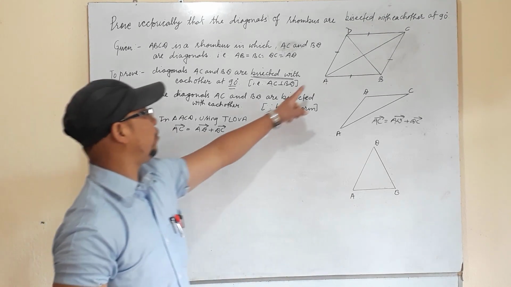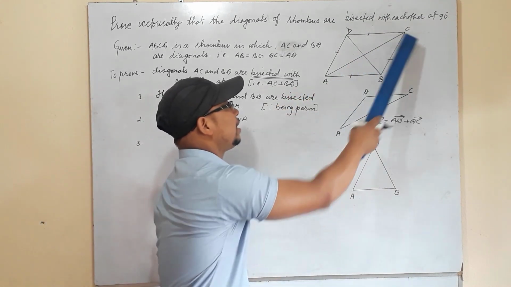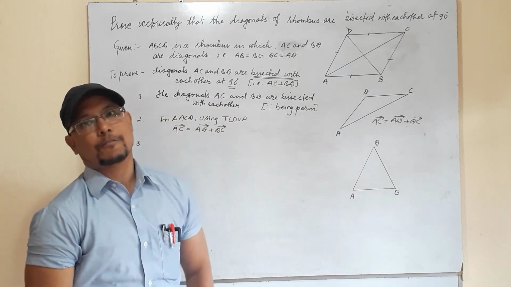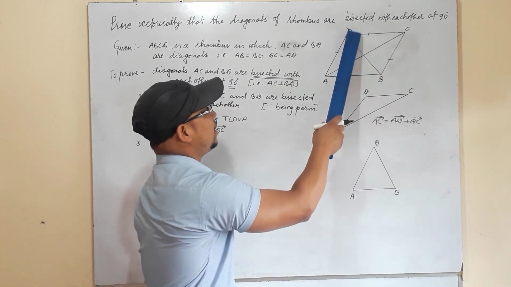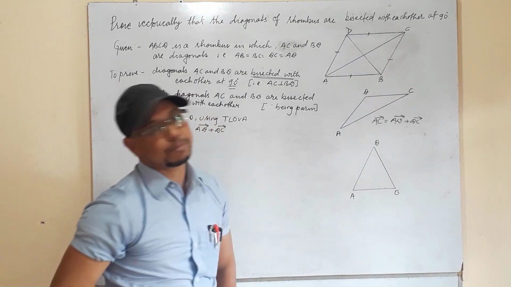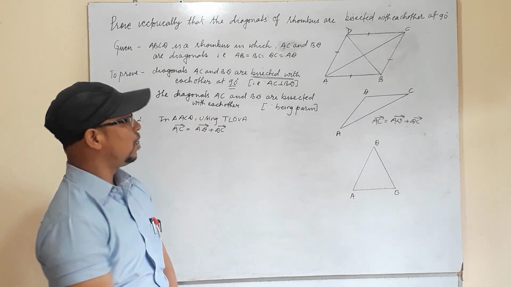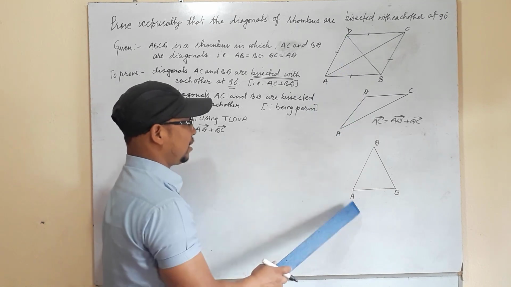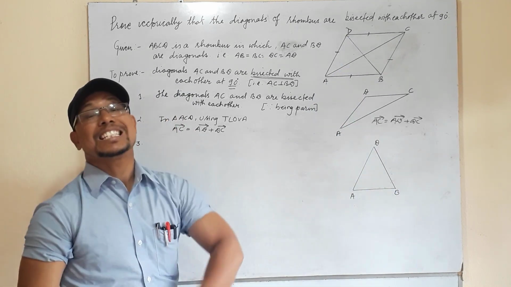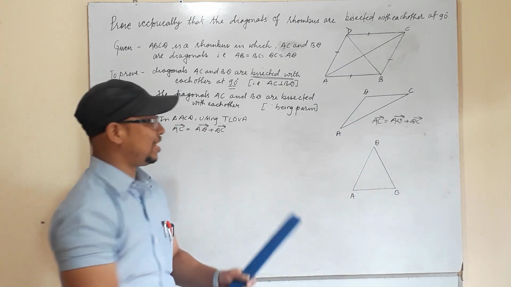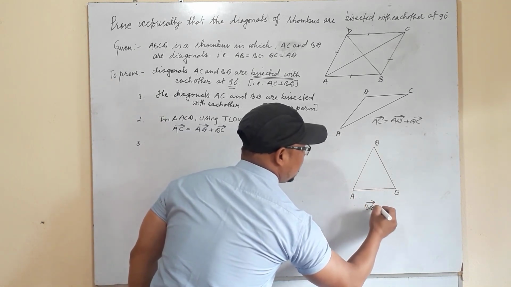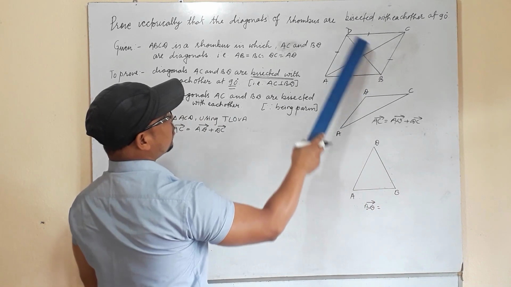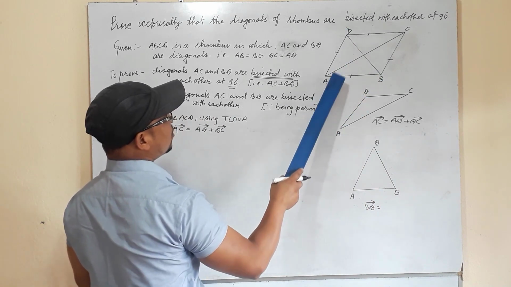Now three number. We found AC, now let's find BD. For finding BD, there are also two triangles, ABD and BCD. Either triangle you can take, no problem. I'm taking ABD. Here also let's use the triangular law of vector addition. So BD vector equals BA plus AD.